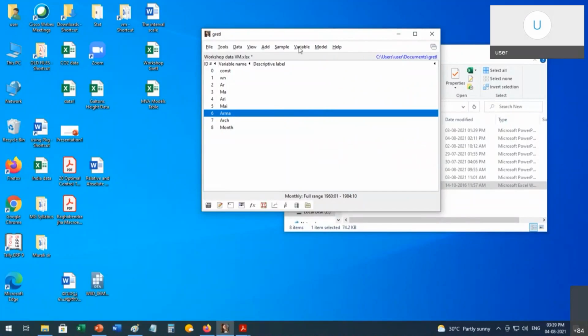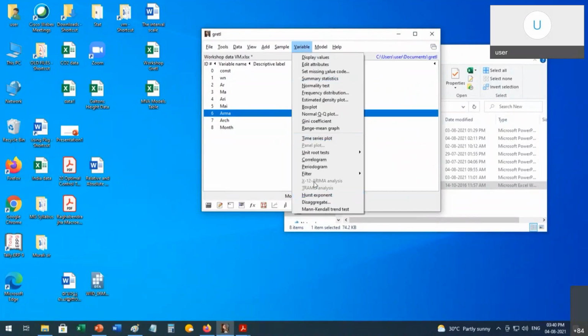Now one more thing I shall show you. If we go to the variable, can you see this X12 ARMA analysis? I have not downloaded and installed this particular program. That's why this is not active.